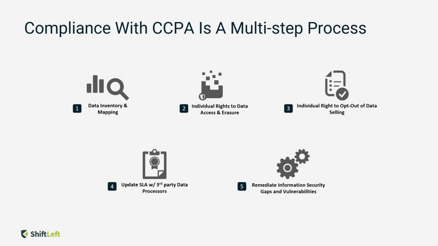These are processes you put in place, options inside your web app where customers can come in and enable them. The same with step 3, giving them the right to opt out of data selling. These are new controls and features that you would have to add to your applications.